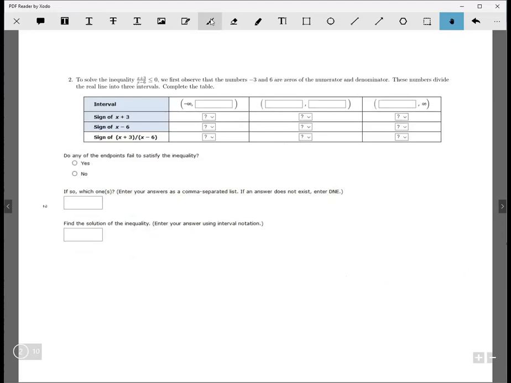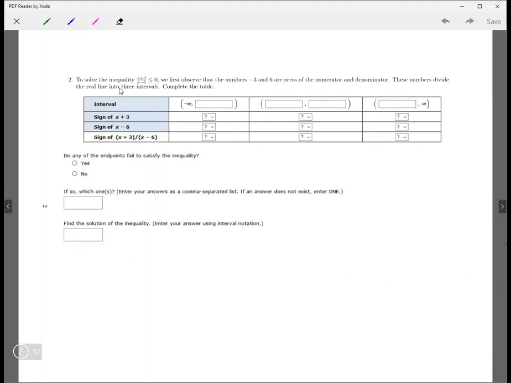Now here, this is a more complicated thing. Notice what we said before: if you multiply or divide by a negative, then you have to flip the order of the sign. If you divide by something that you don't know is negative or positive, then that's a problem, and you want to avoid doing that.